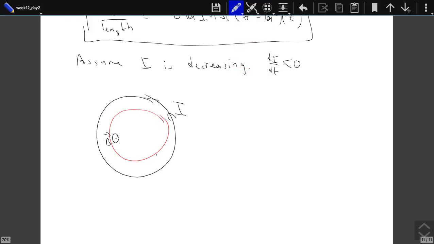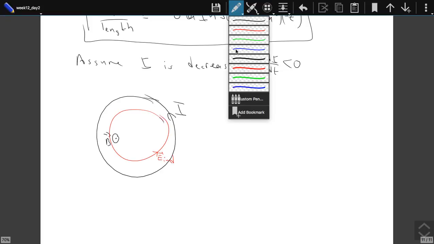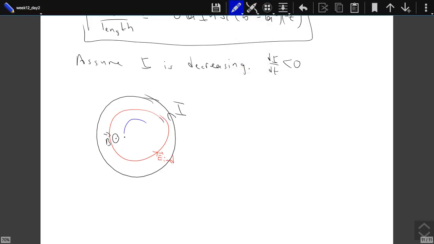Induced electric field, at every point. But you see, here I have some charges, sigma. They will feel a force, so they will start rotating.